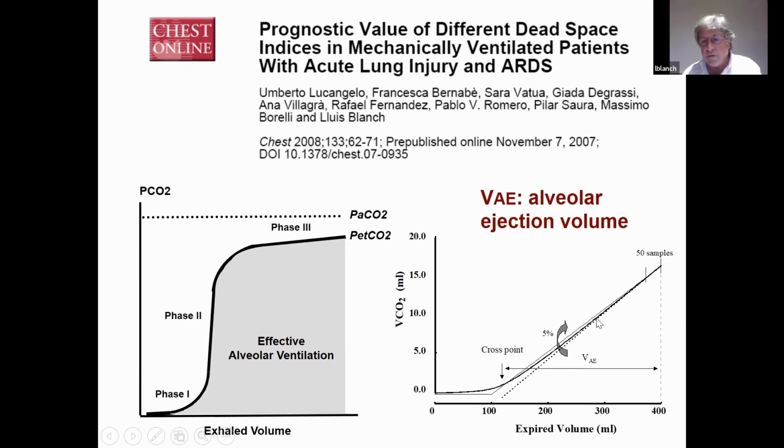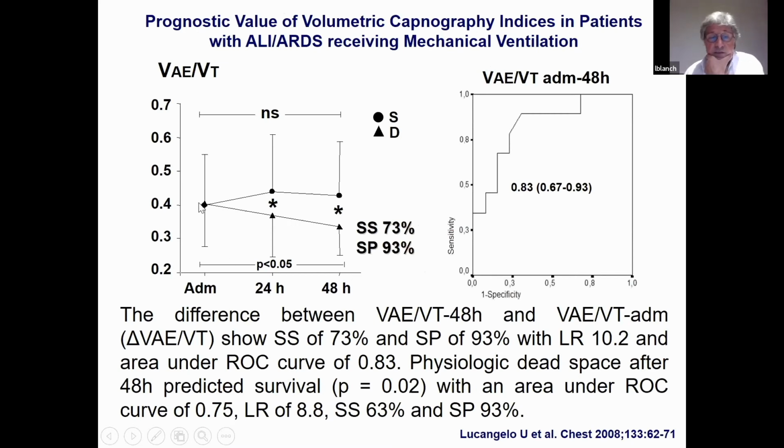We fit an equation here, and then we measure the separation of this fitting line from the CO2 elimination as a function of expired volume line. So this gives us an index, which is alveolar ejection volume. We found that when this index deteriorates from admission to 48 hours, it shows the patients who are not going to survive and will die, with this specificity and this area under the curve.